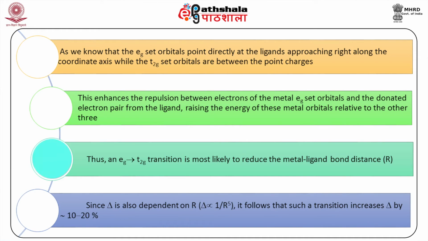Thus, an Eg to T2g transition is most likely to reduce the metal-ligand bond distance R. Since delta is also dependent on R, it follows that such a transition increases delta by 10 to 20%.